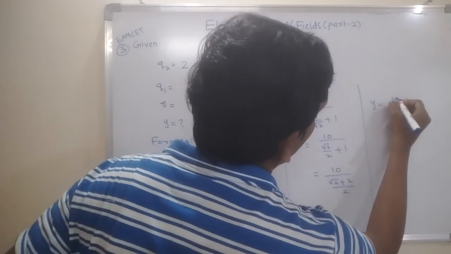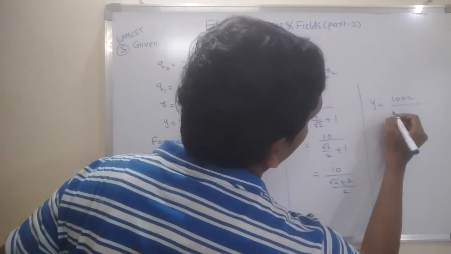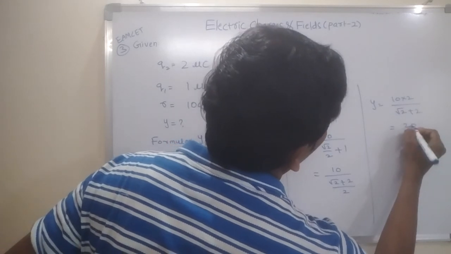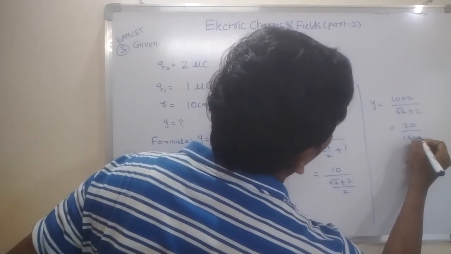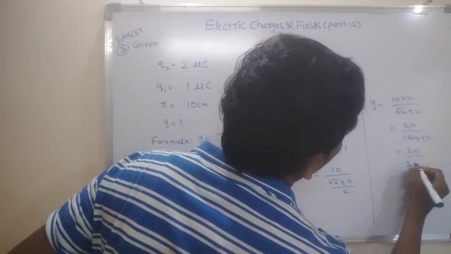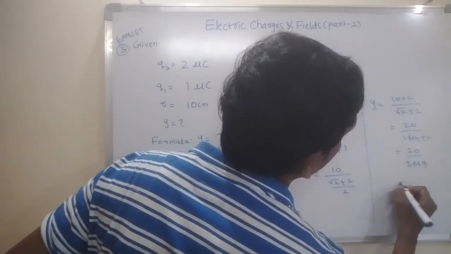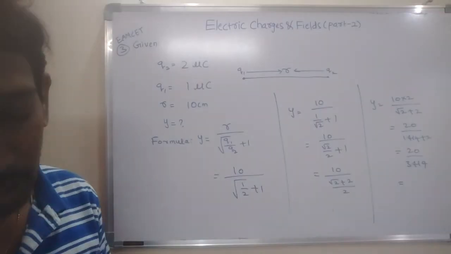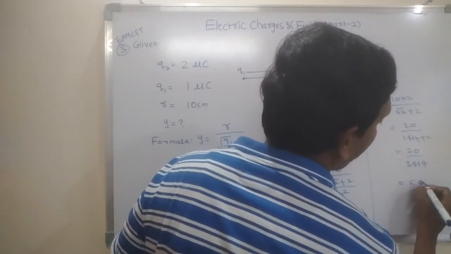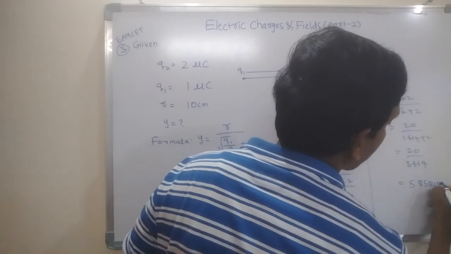Y is equal to 10 into 2 by root 2 plus 2, that is 20 by 1.414 plus 2, which is 20 by 3.414. After simplification, the answer is 5.858 centimeters. This is Y.